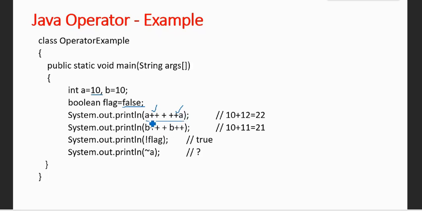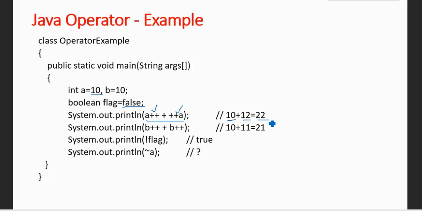So first it will take the value of a, which is 10 here. Then it will be incremented, and that value comes to here, and that is the pre-increment. So 10 becomes 11, and 11 again becomes 12. So you will get 12, and with the plus operation, the result you will get is 22.